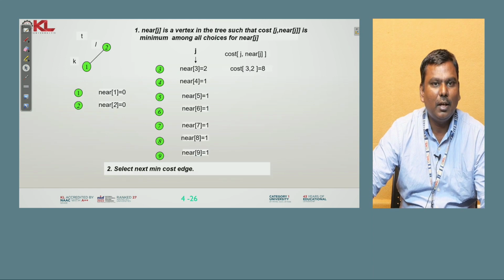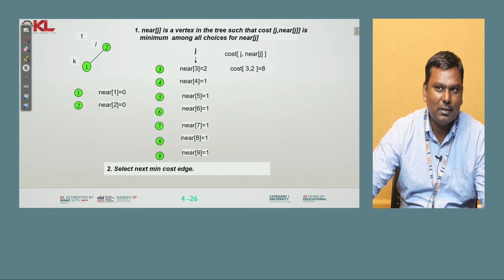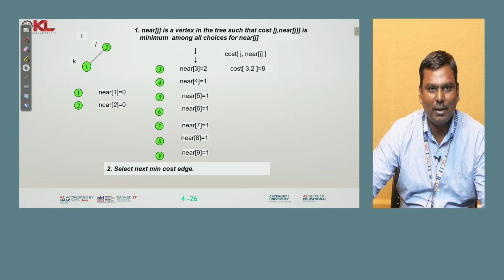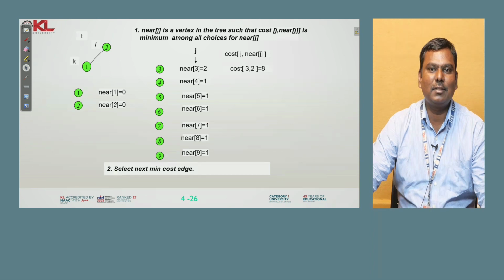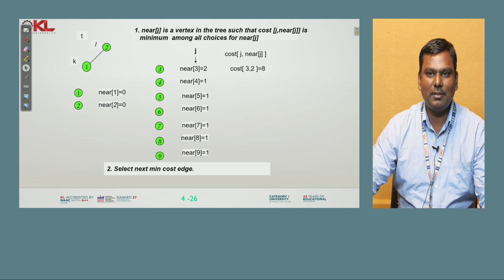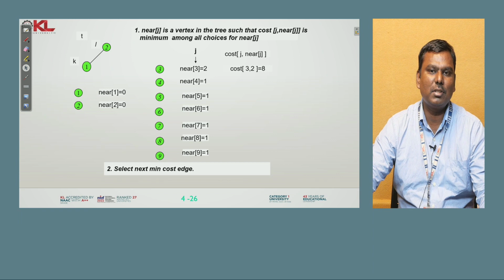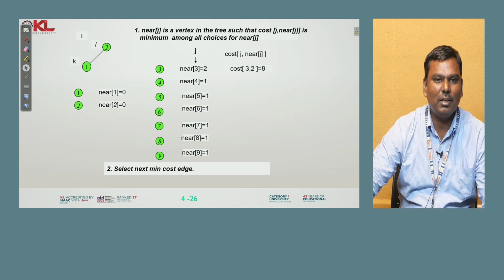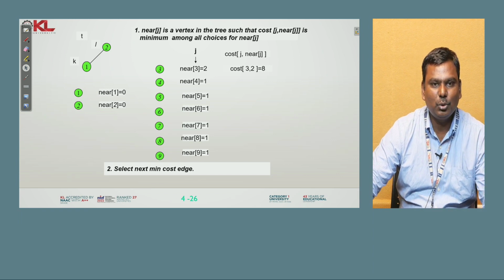Here we identify the nearest value for (i, j), where i is the vertex in the tree and j is the nearest vertex. We find the cost of the minimum value for each one. Near j is the vertex in the tree such that cost of j, near j is the minimum among all choices. So 3 has 2, 4 has 1 and 5 has 1. How many possibilities are there?